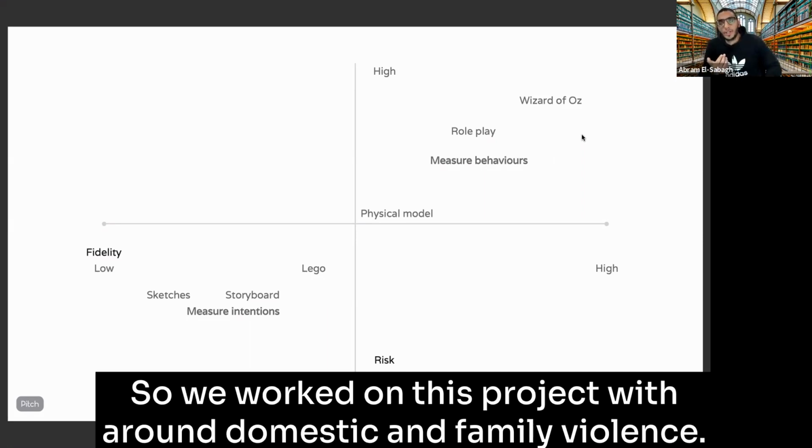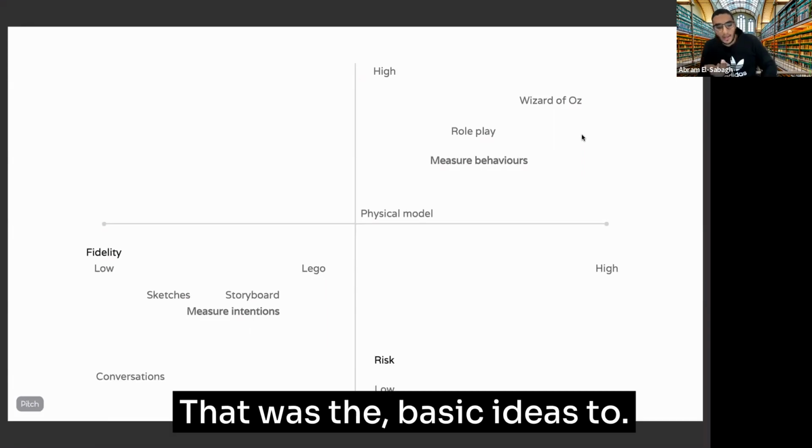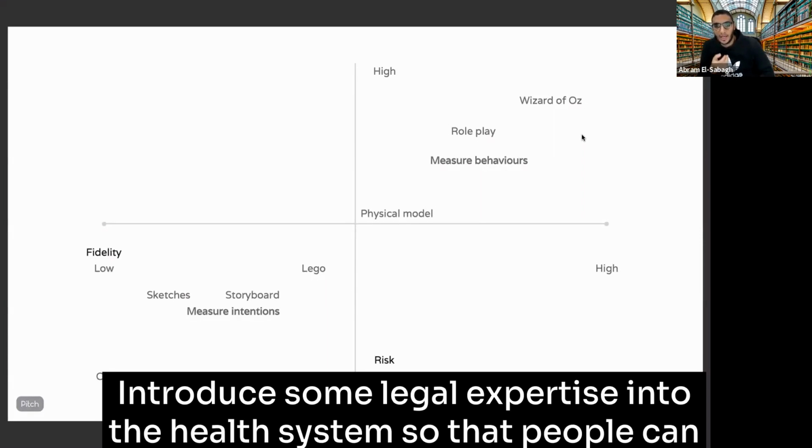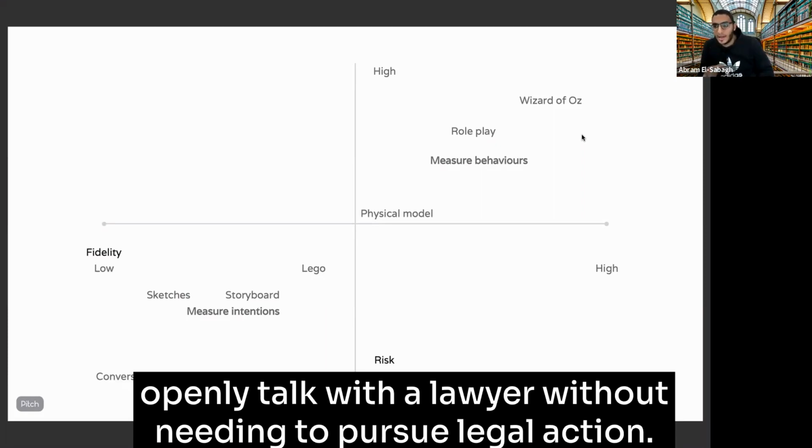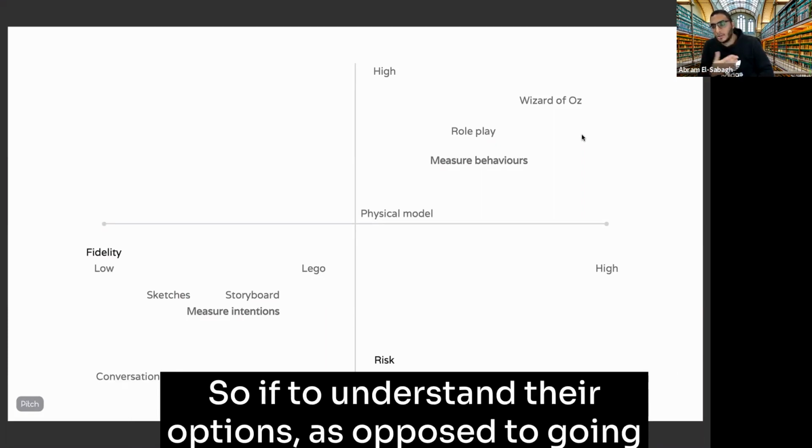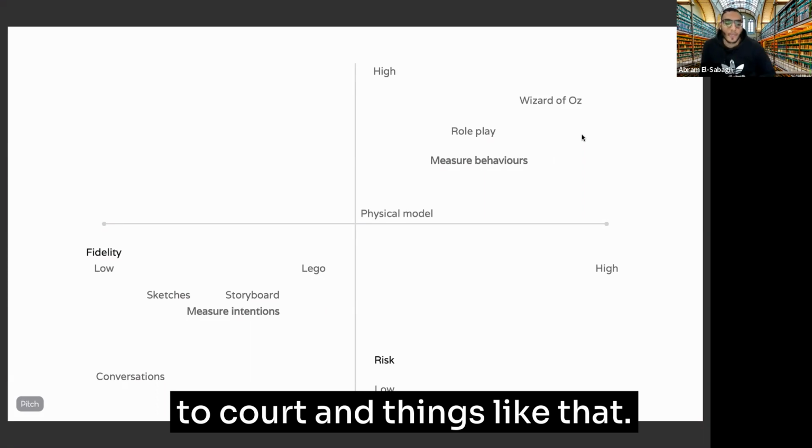So we worked on this project around domestic and family violence. The basic idea was to introduce some legal expertise into the health system so that people can openly talk with a lawyer without needing to pursue legal action, just to understand their options as opposed to going to court and things like that.